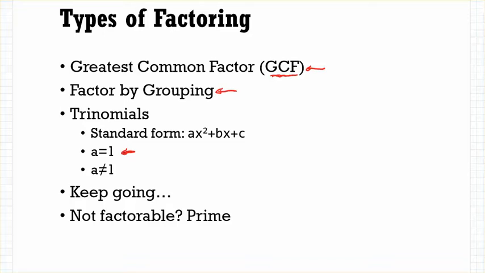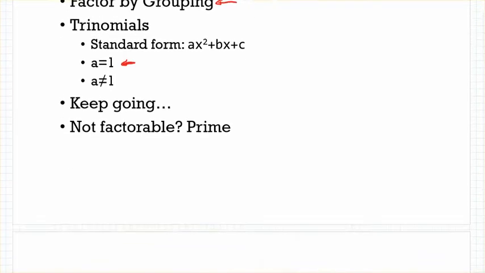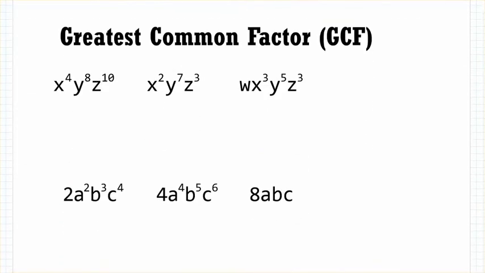Now when you factor, just like when you are working with fractions, you want to keep factoring until you can no longer factor, just like when you reduce a fraction, you keep reducing as much as you can. If something is not factorable, then it's prime. So you're not guaranteed to be able to factor everything. So we can move on to greatest common factor.